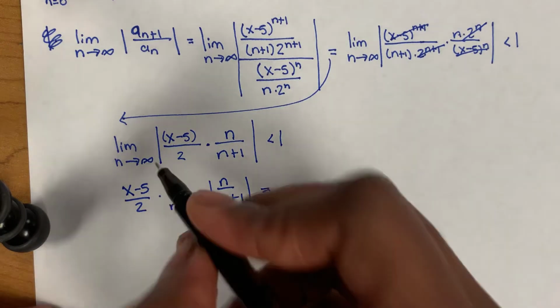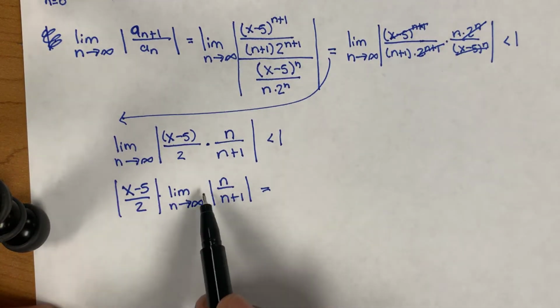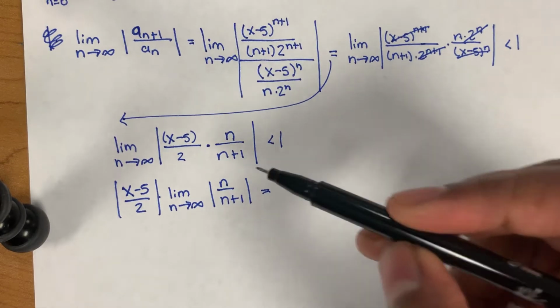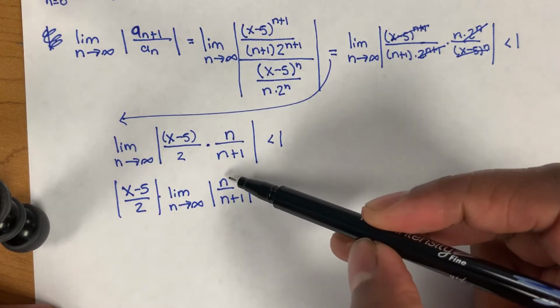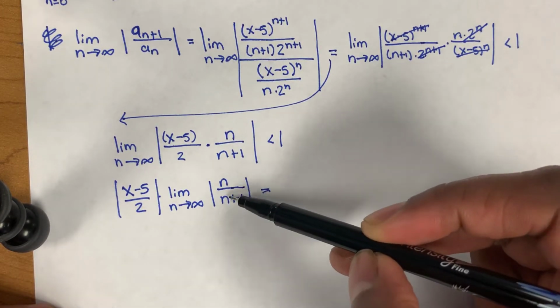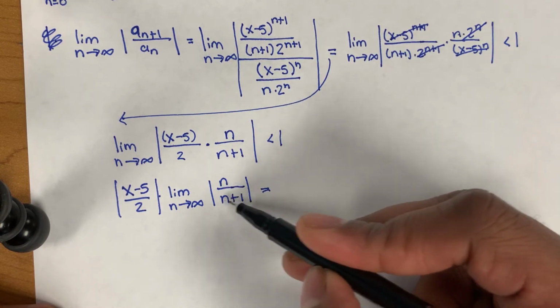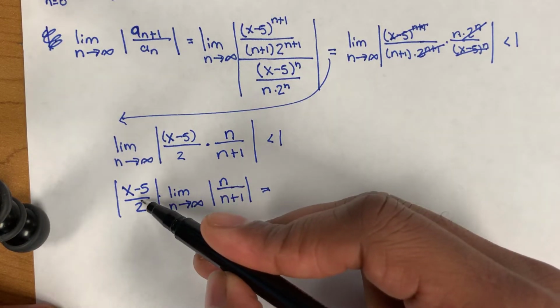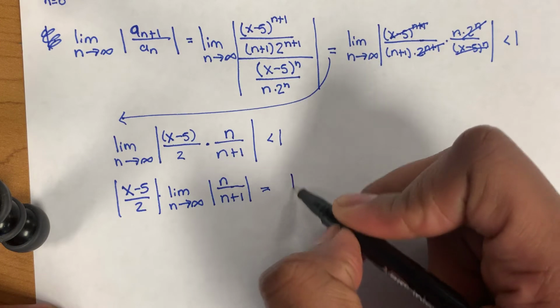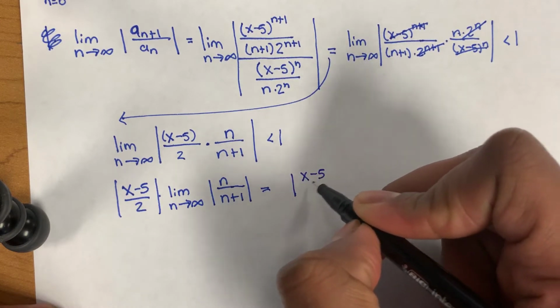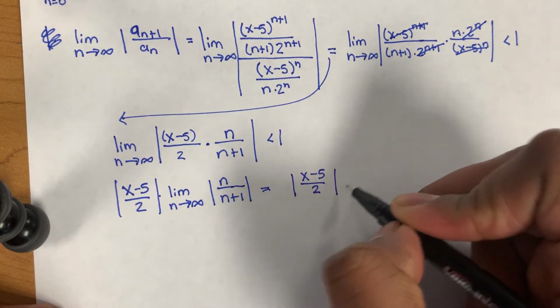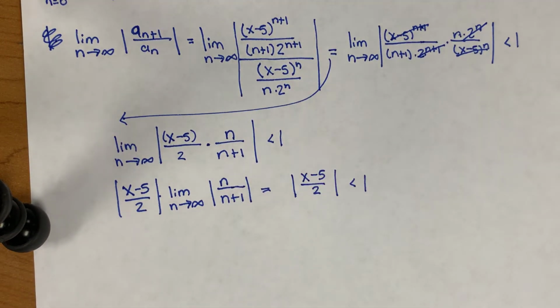As n approaches infinity, this is the case where the degree of the numerator equals the degree of the denominator. So this limit is 1 times x minus 5 over 2. So this absolute value of x minus 5 over 2 is less than 1.